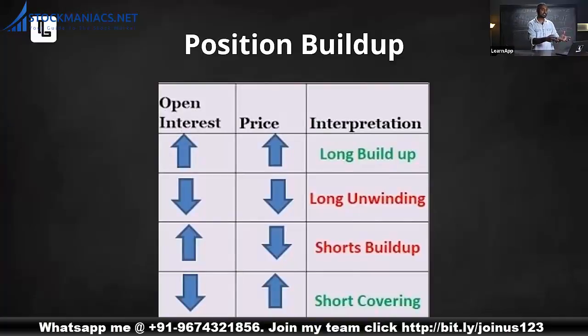That is what short covering means. Guys, write this down, and if you understand this process well, you can make a lot of difference. So, is this clear? Long build up, long unwinding, short covering, and short build up.